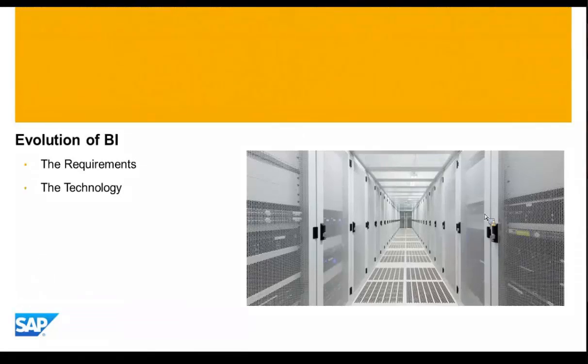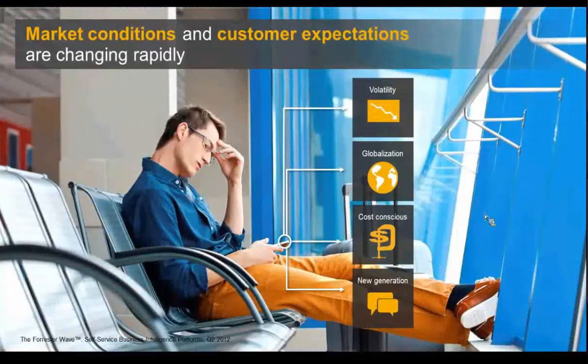Clearly, number one, the 4 drivers that we see: the market conditions and customer expectations are changing pretty much every week. As you can see, across the globe, different regulations and different requirements are changing, so it's highly volatile, right?